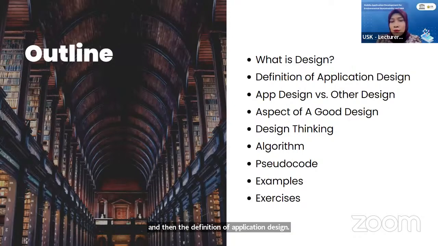Subsequently, there will be a topic about the aspects of a good design and how to design an application using design thinking, and then the algorithm, how to write the algorithm with pseudocodes and its examples. And at the end of this series, there will be some exercises to be done.